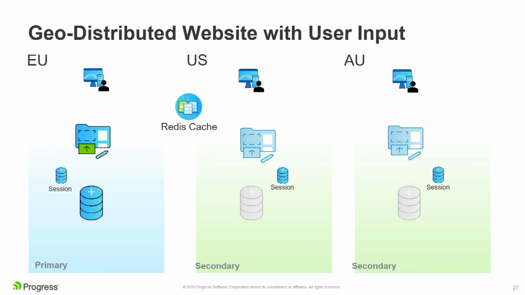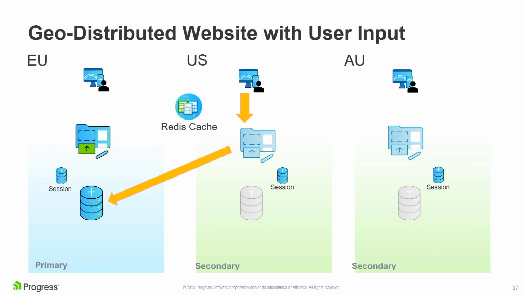So let's now imagine that there is a user in the US who is submitting a form. This request is redirected to the nearest location. In this case, it's the Sitefinity instance located in the US. And that instance persists the data in the master database in the primary region. And that's because the database in the US region is read-only.